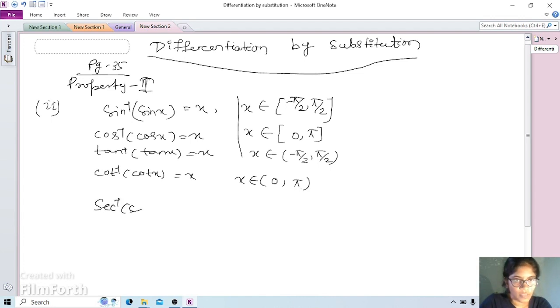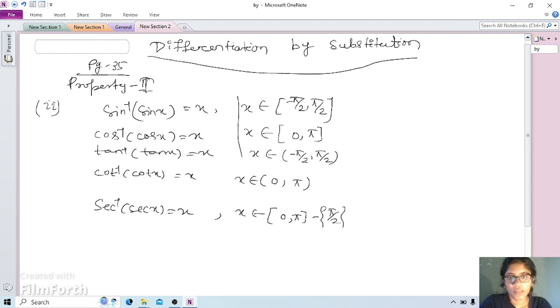Similarly, sec inverse sec x is equal to x, where x belongs to 0 to pi, minus pi by 2.